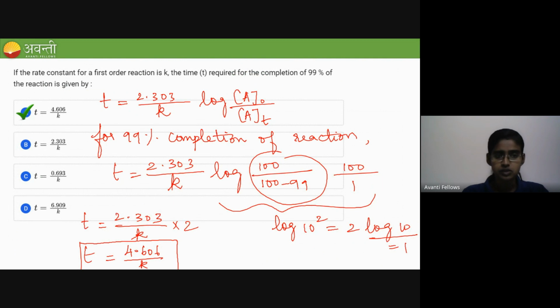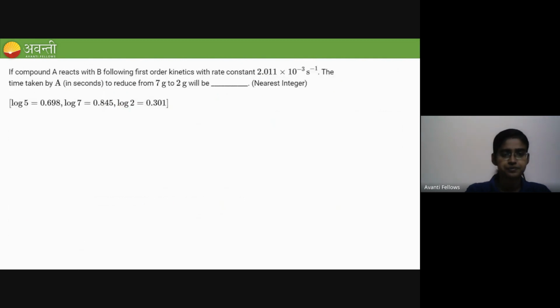So coming to the next question. If compound A reacts with B following first order kinetics with rate constant 2.011 into 10 power minus 3 per second, the time taken by A in seconds to reduce 7 gram to 2 gram will be? Log 5, log 7, log 2 values are given in the question. This is a JEE question, so that's why options are not given.